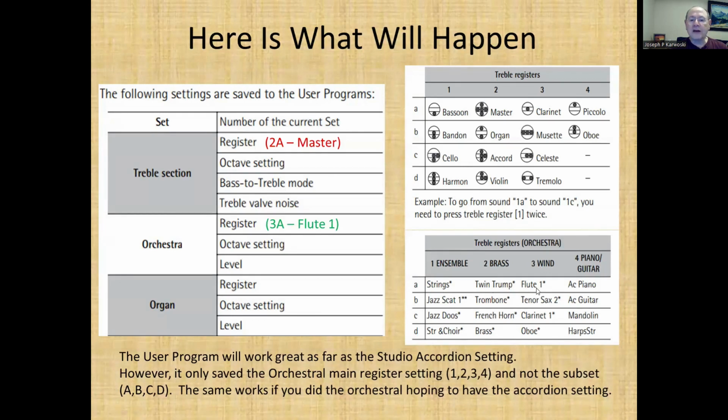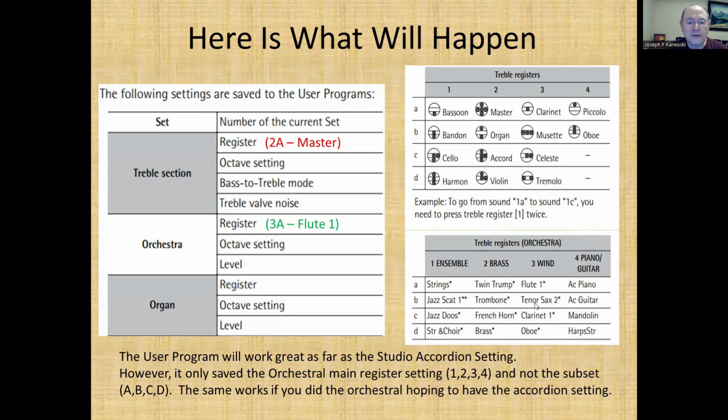If you go in and change these, so oh, you know what? I want a clarinet. So you go in to your user set and you pick the accordion you want. I want Studio 4. Okay, so if I wanted this to work, whether I turn the accordion on and I want it to work the way I want.